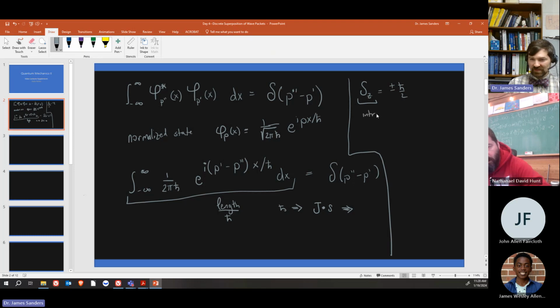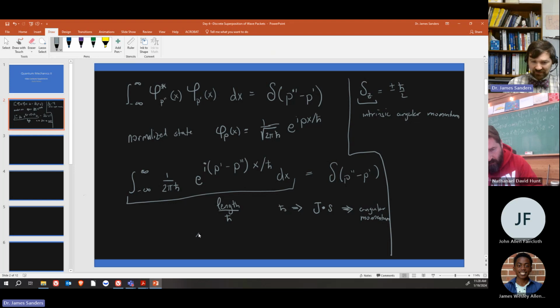This is intrinsic angular momentum. So h bar is the only thing with units in here, the only thing with dimension, and therefore must be an angular momentum.